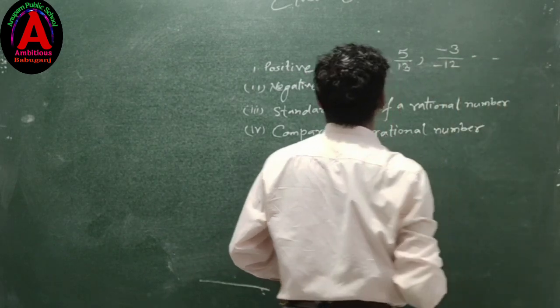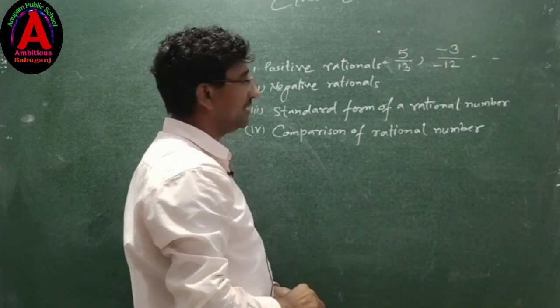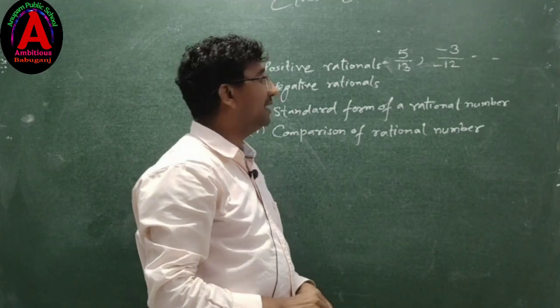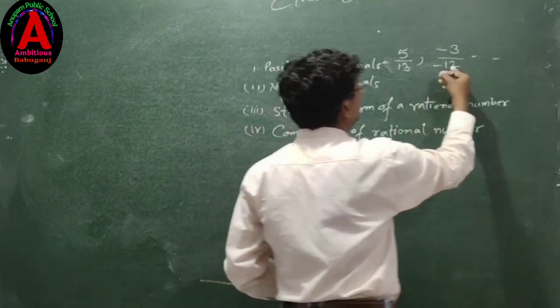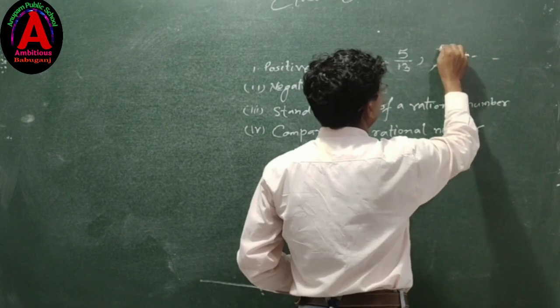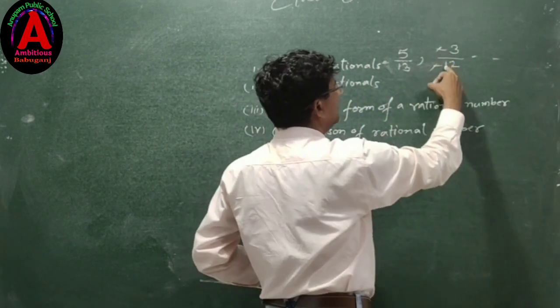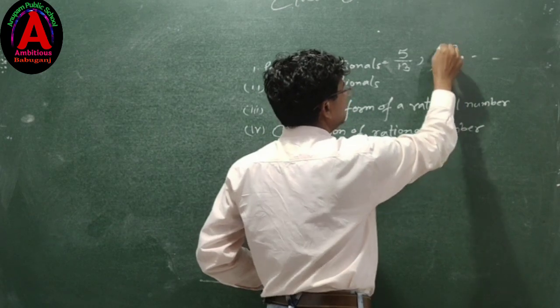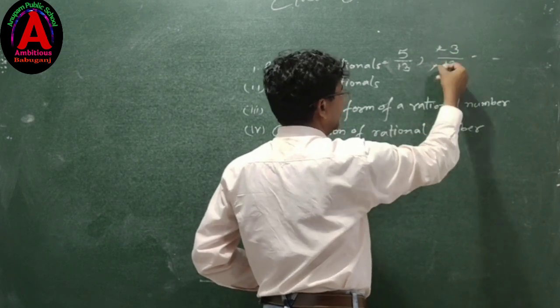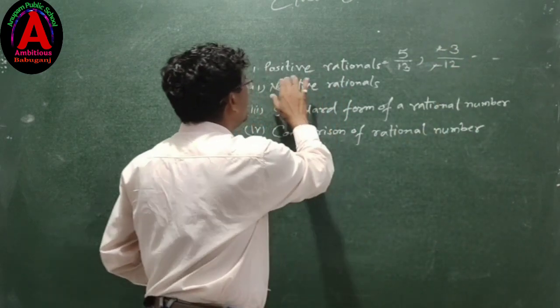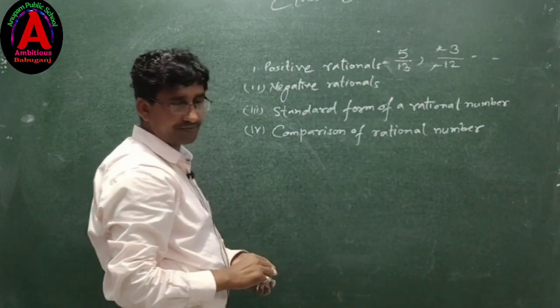These are our positive rationals. We can cancel the minus in minus 3 upon minus 12, so it is also positive.